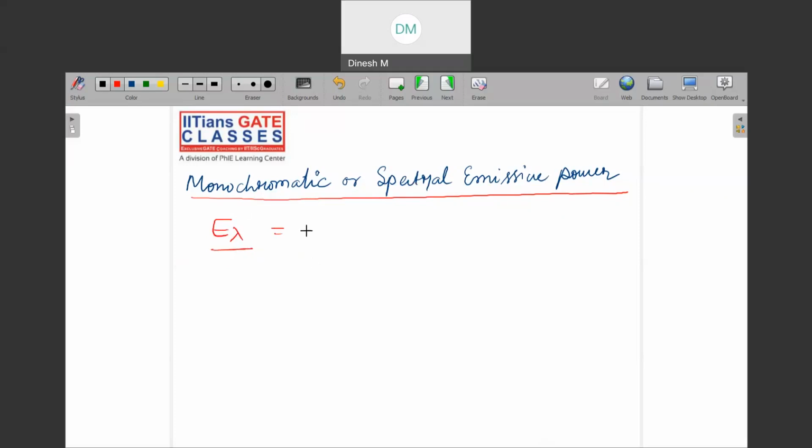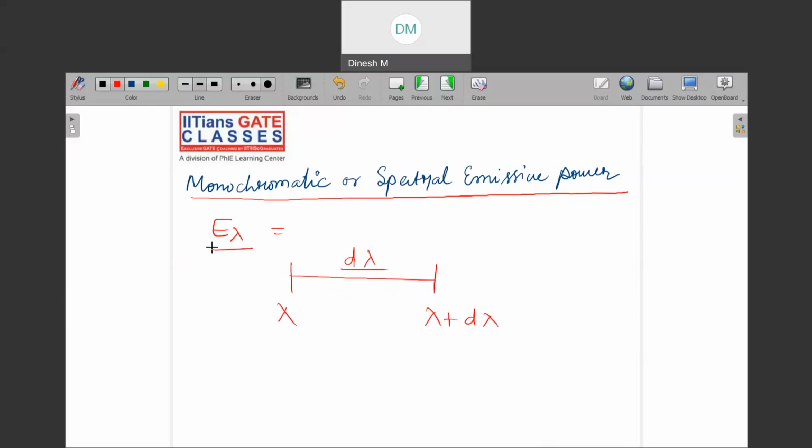Once you know E lambda, you can find out what happens between lambda and lambda plus d lambda, and what the emissive power is during this d lambda only.